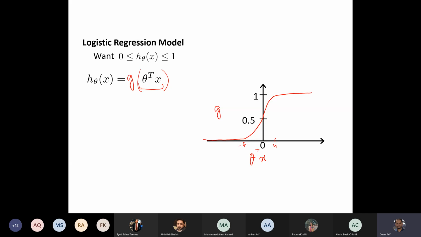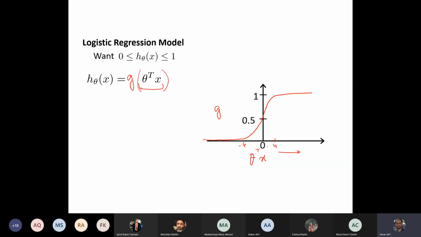If theta transpose x is less than -4, the output would be approximately 0. Similarly, if theta transpose x is greater than 4, the output would be approximately 1.